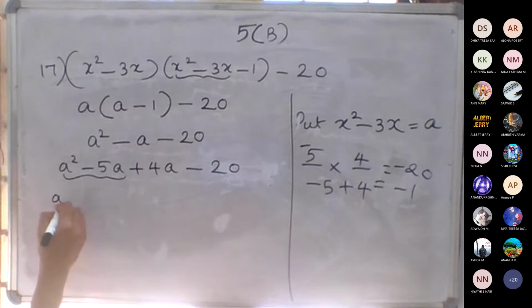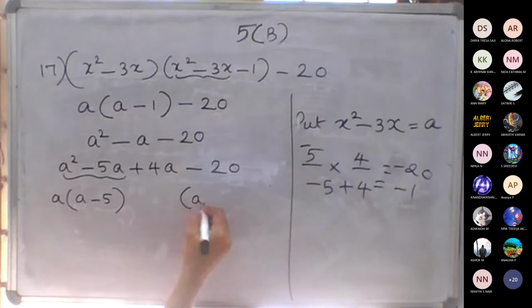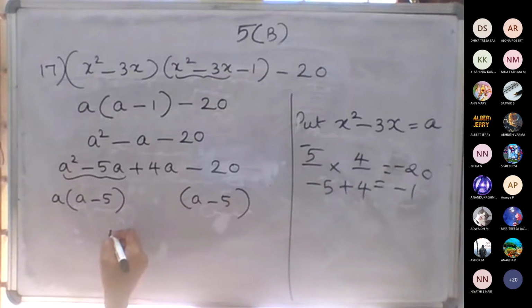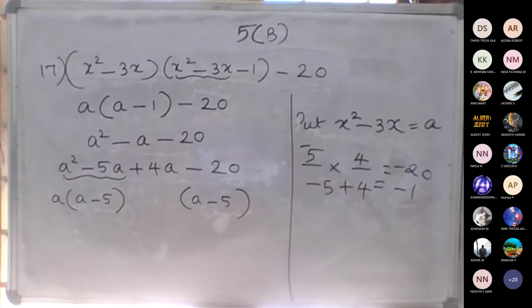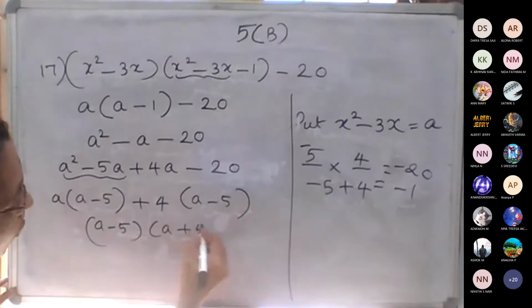From this we can take a common, so it will be a minus 5, same a minus 5, and here plus 4. So a minus 5 into a plus 4.